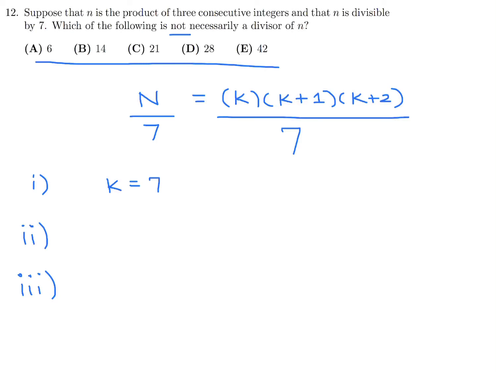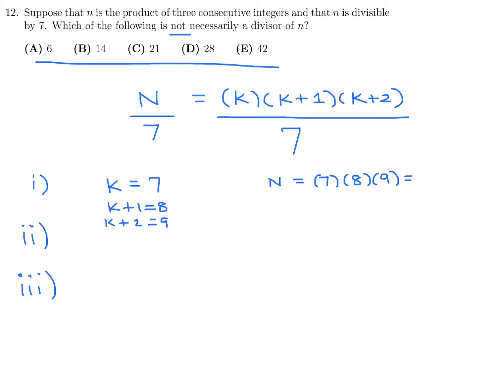So that would mean that k plus 1 is 8, and therefore k plus 2 is equal to 9. So that would mean that n is equal to some number like 7 times 8 times 9, like that.